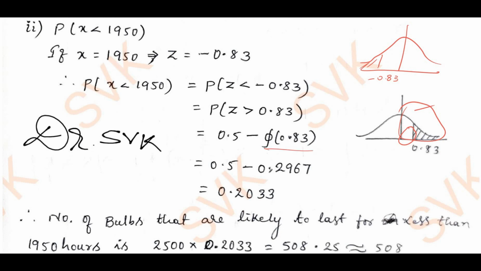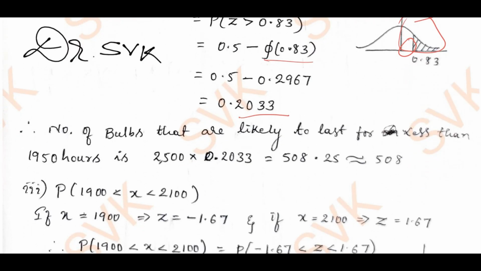This value is given in the set of data. Substituting that value, I got the probability of x less than 1950 is 0.2033. Therefore, by multiplying by 2500, we get approximately 508 bulbs.